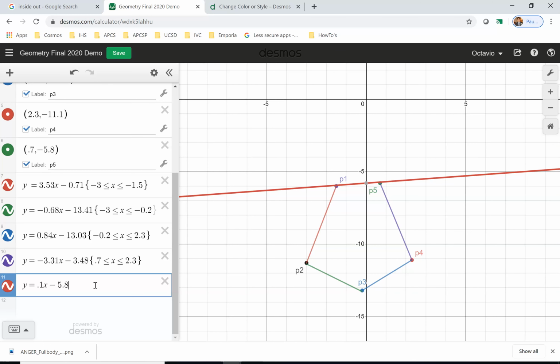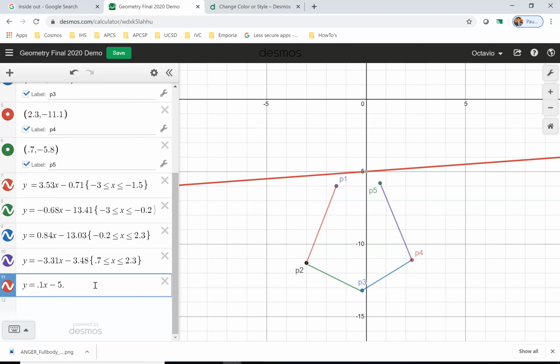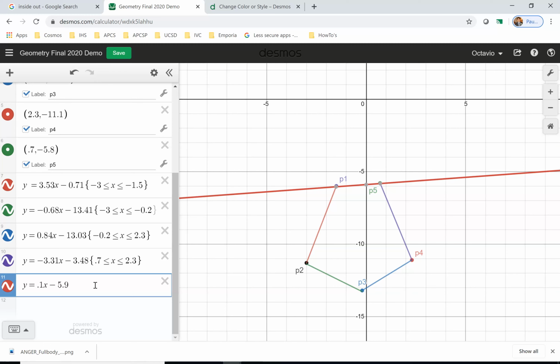Very close, maybe 5.9. 5.85. Perfect. You see that right now this was a guessing game. I didn't do any math, but I knew that it was almost flat, a really small slope, 0.1 positive, because as I go up the line, it's going to the right.